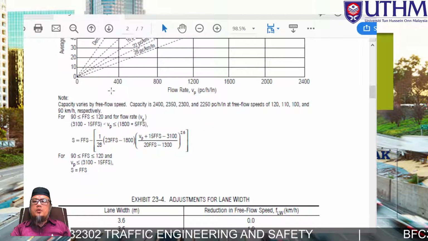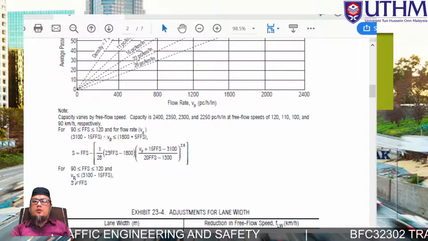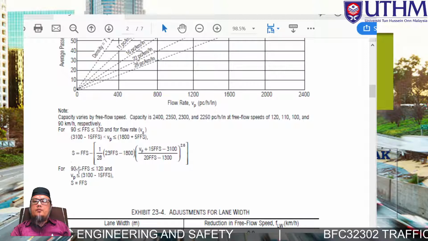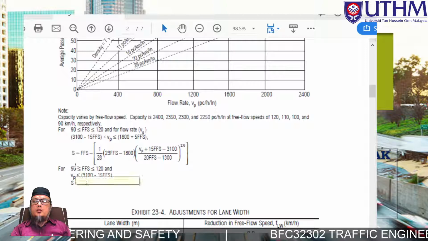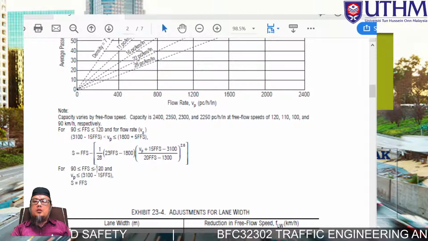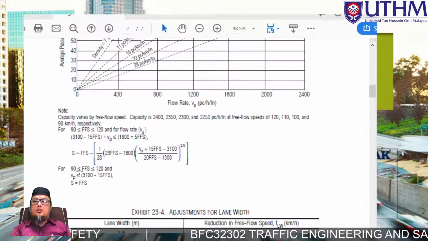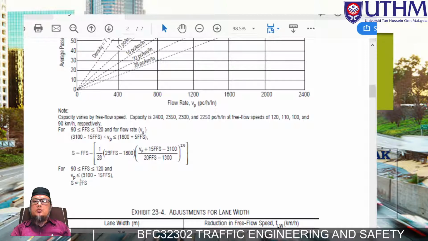If you refer to the table to determine level of service, if the FFS is from 90 to 120 kilometers per hour and the VP is less than this value, S equals FFS.